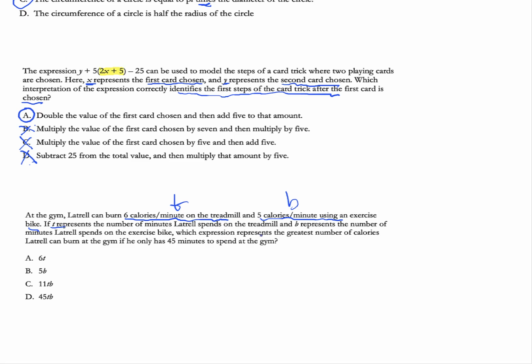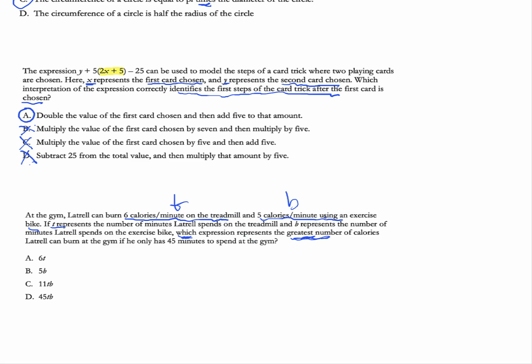Which expression represents, so again, here's our question starting with that famous W, represents, and here's the key word, the greatest number of calories Latrell can burn at the gym if he only has 45 minutes to spend at the gym. What equipment would you choose?